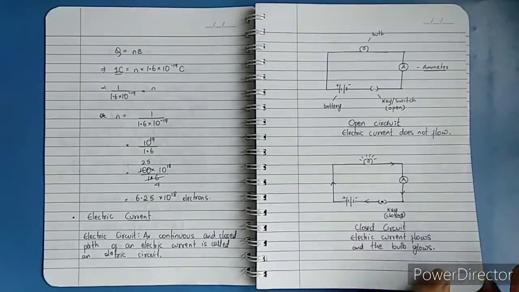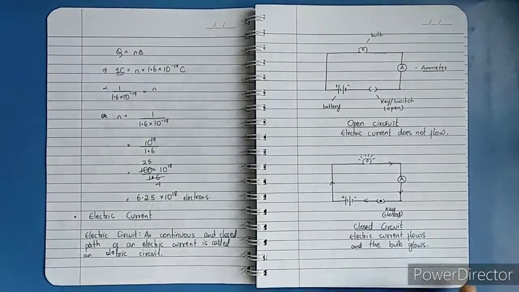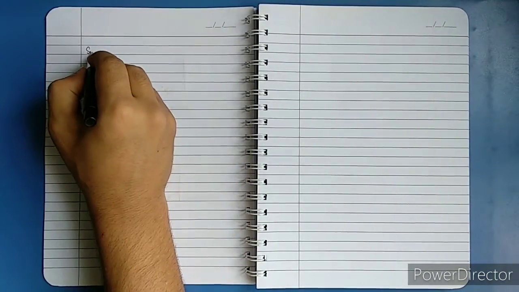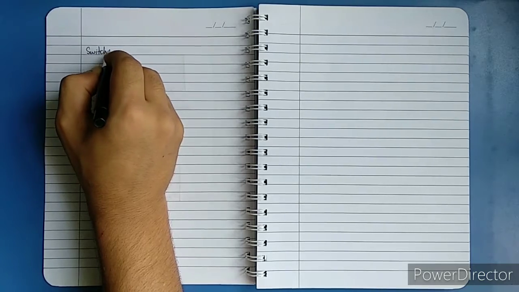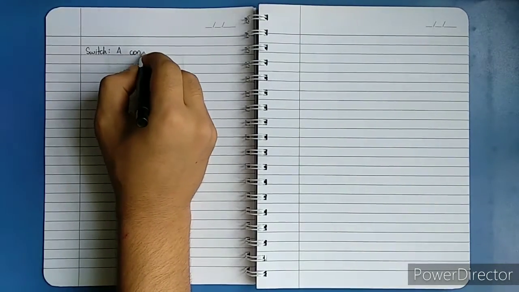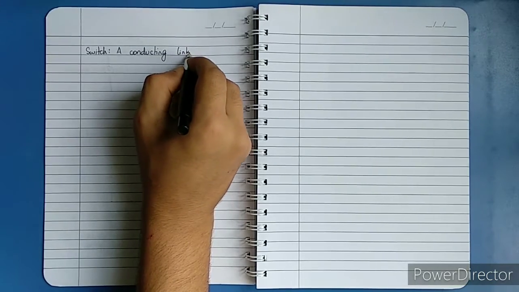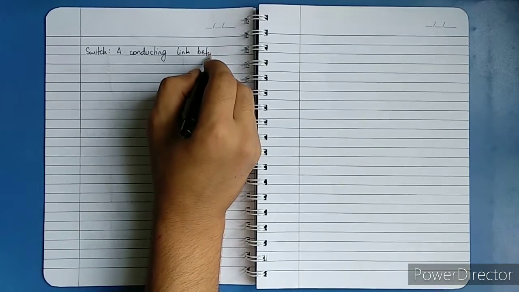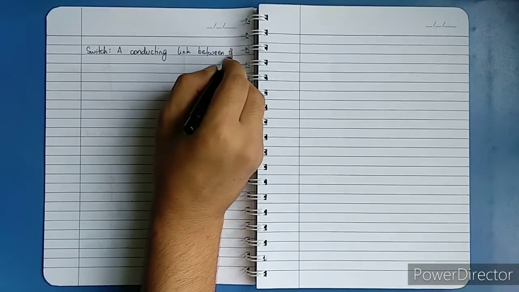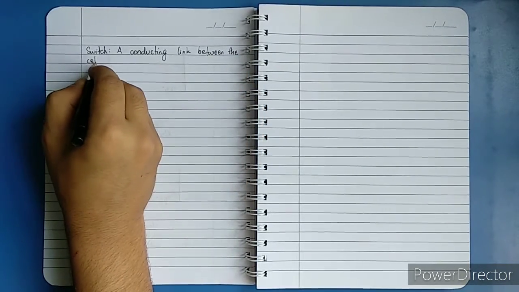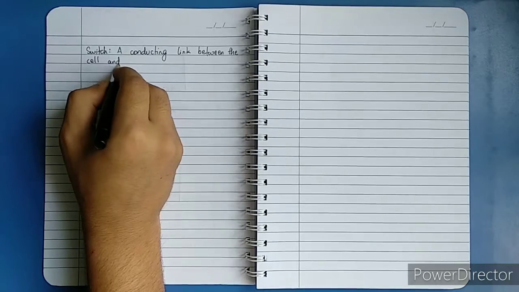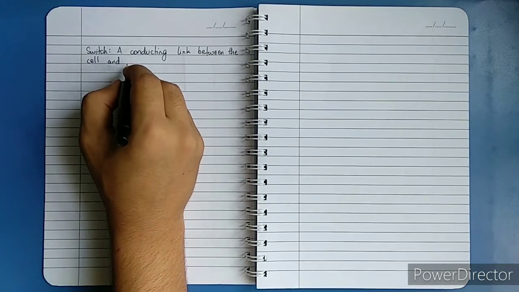So we saw over here a thing called key or the switch. Let's see what the definition of a switch is. A conducting link between the cell and the bulb.